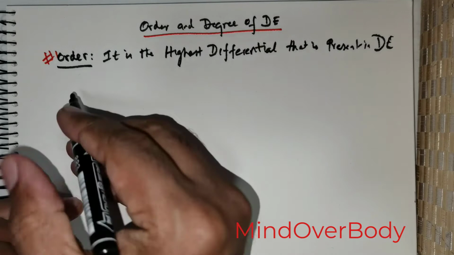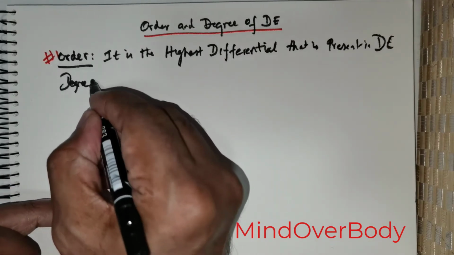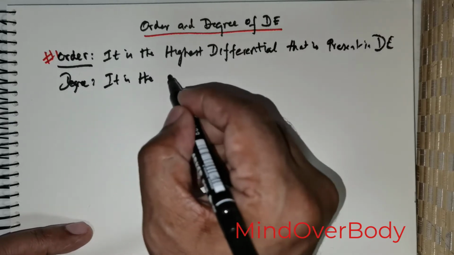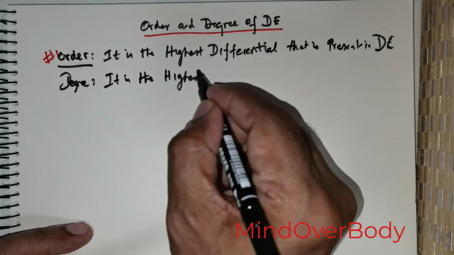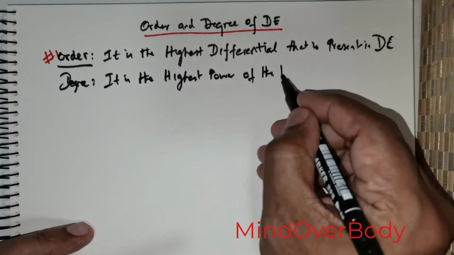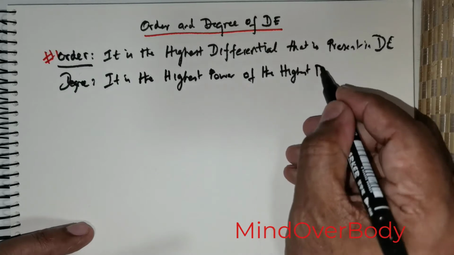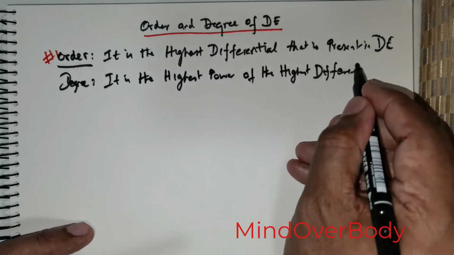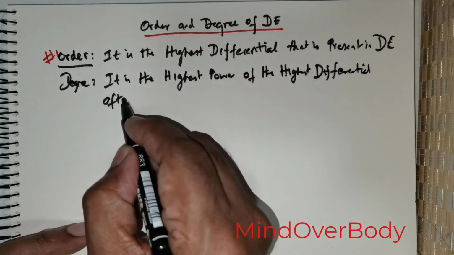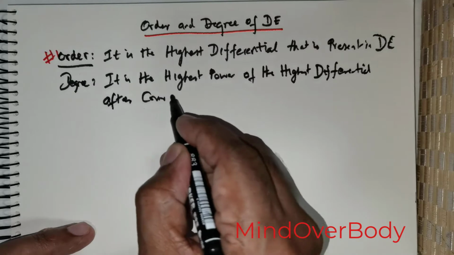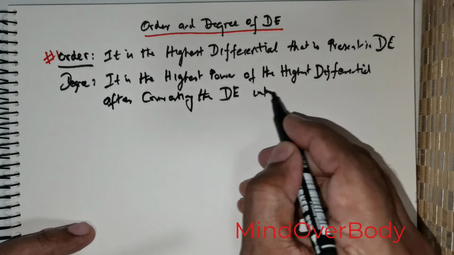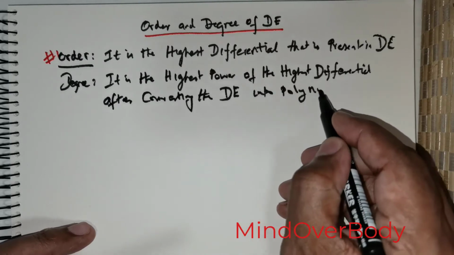Now coming to degree, what exactly is degree? It is the highest power of the highest differential after converting the differential equation into polynomial form.